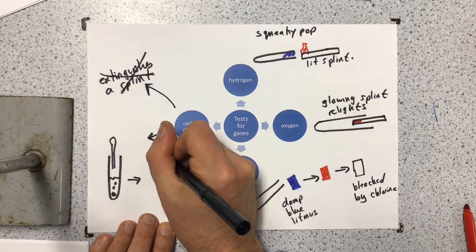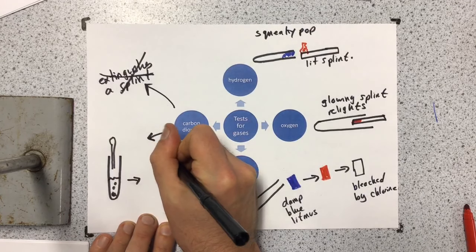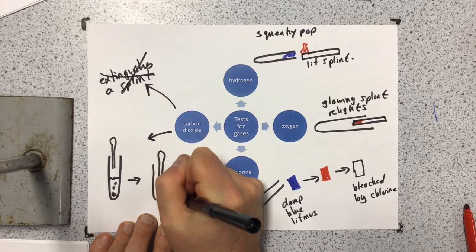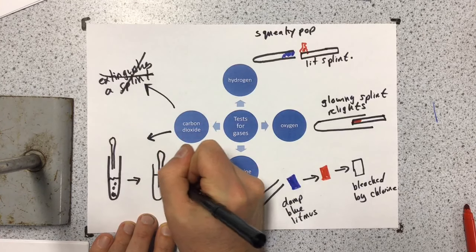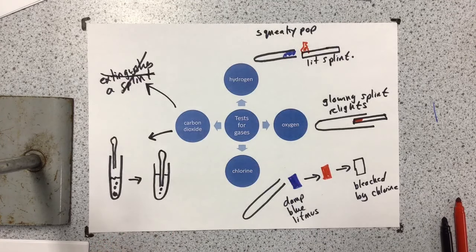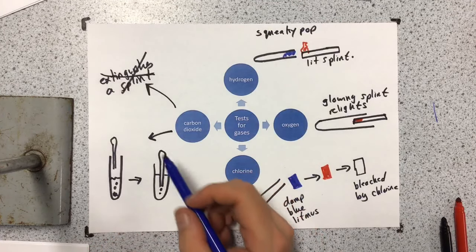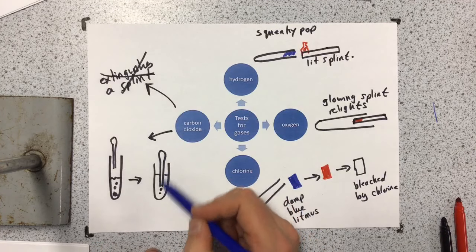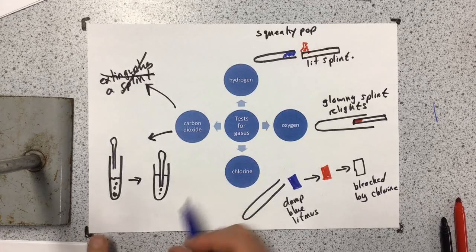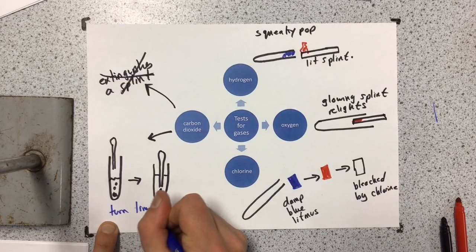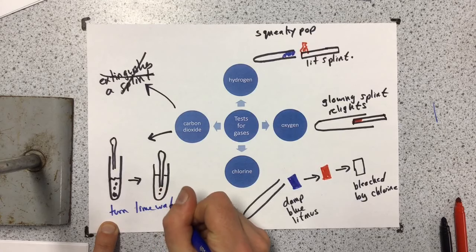Then you take your pipette, which you suspect might have carbon dioxide in it, and put it in another test tube, and inside that test tube we have lime water. Okay? And if carbon dioxide is present, when you squirt the carbon dioxide into the lime water, it will turn the lime water milky or cloudy.